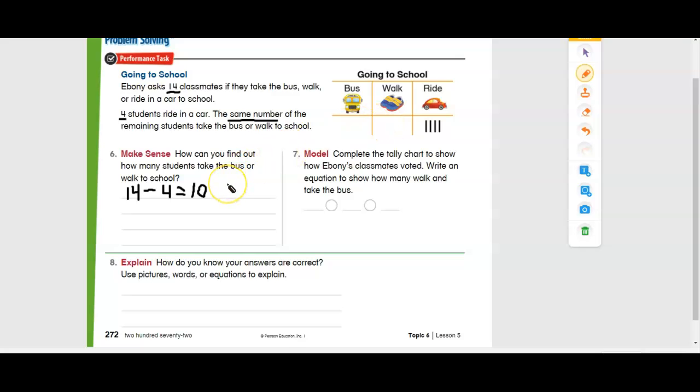But something important to remember is that it told us it is the same number of remaining students that take the bus or walk. So what is half of 10? If you had 10 pencils and you wanted to split it into 2 equal groups, how many would each have?